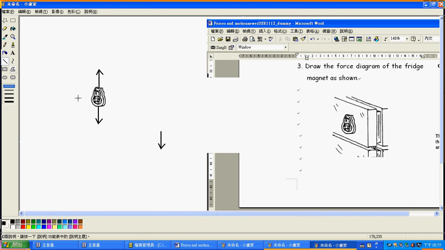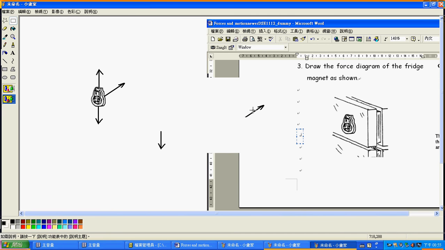So let me draw the magnetic force. It's pulling it into the fridge door. So the magnetic force goes somewhat like this. This is the magnetic force, and then to stop it from going into the door, there must be some sort of force.